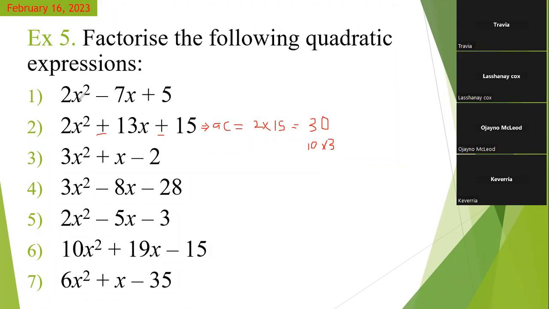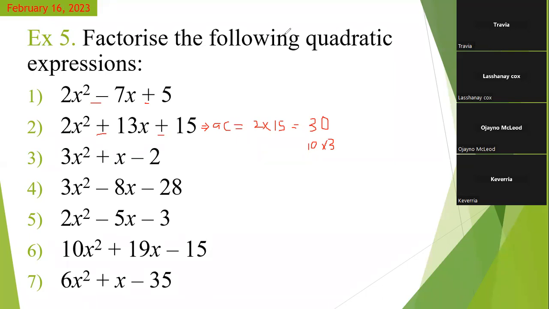In the previous question, the last term is positive. It tells you the same thing, either two positive or two negative. But when we look at the middle term, it indicates that we have two negatives. So the sign of the middle term will indicate what the sign of the factors ought to be.